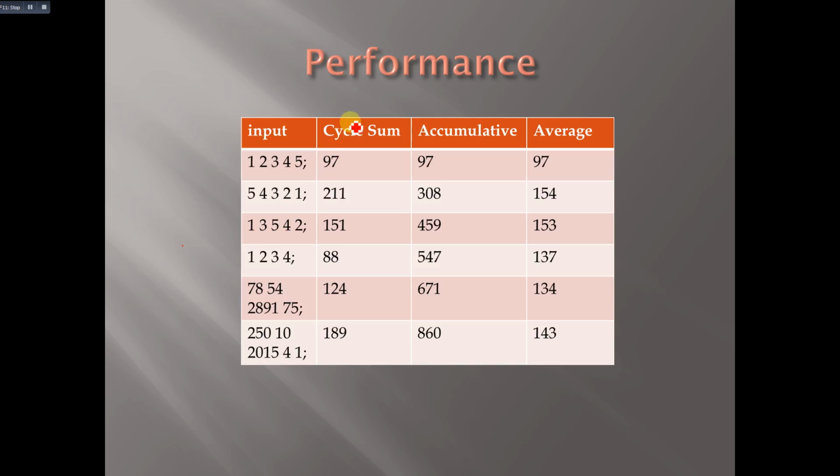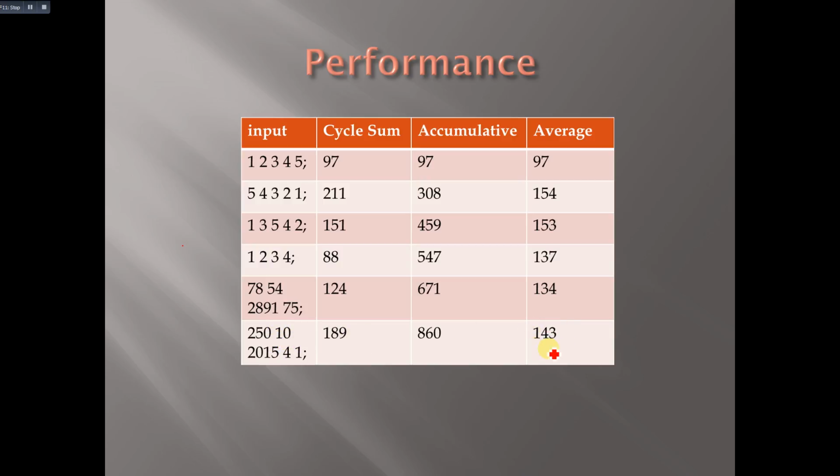So here's the performance of my program. With 5 array elements in order, it took 97 cycles. With 5 completely out of order, backwards, it took 211. And then these are just numbers to check to make sure that I can bring in any value and it'll sort it properly.